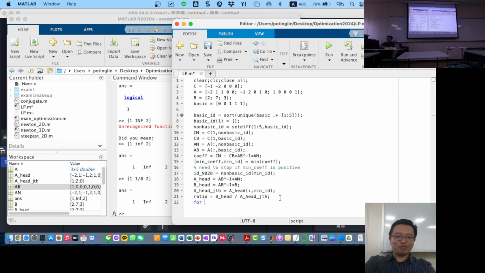You still have a for loop. Okay, and then if ratio, the ith one, smaller than 0, that means it's negative. Then I will convert it to infinity.